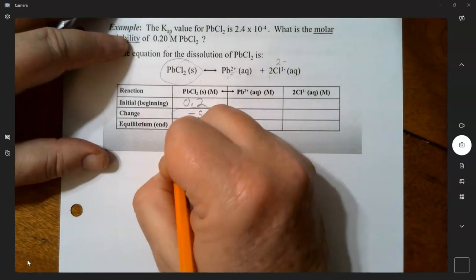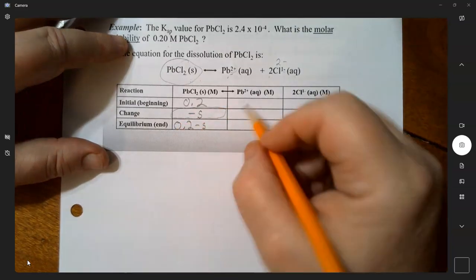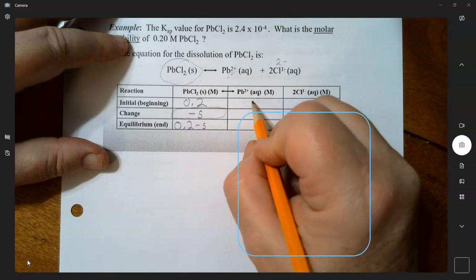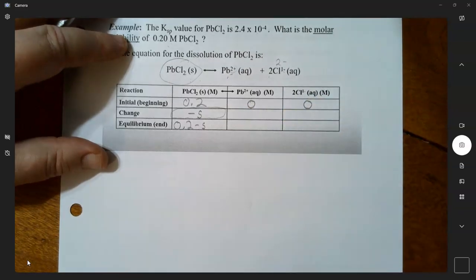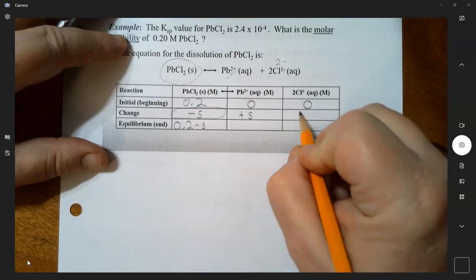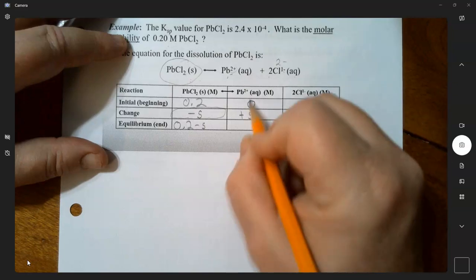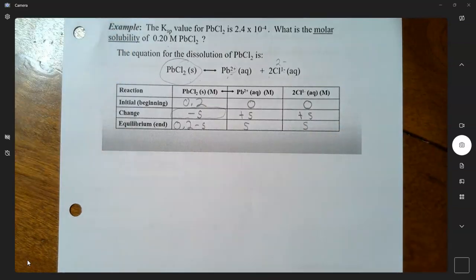So down here you got this. When we put the lead chloride in the water, you have nothing of this at the beginning. And so this is going to be a plus S, and this is a plus S, and so at the bottom you have S and you have S. All right, and we're interested in finding out what S is.